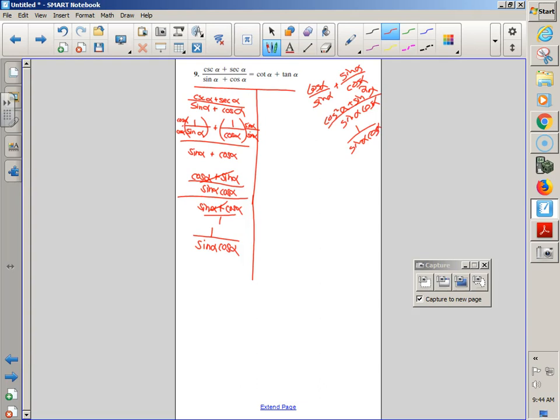How do you use this to help you here? Can't you go backwards and say, isn't that cosine squared plus sine squared? And then couldn't you take cosine squared over sine cosine plus sine squared over sine cosine?